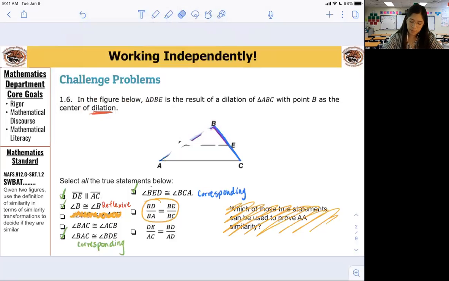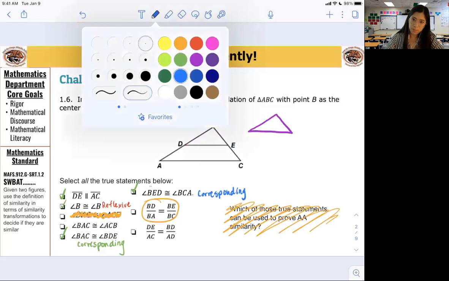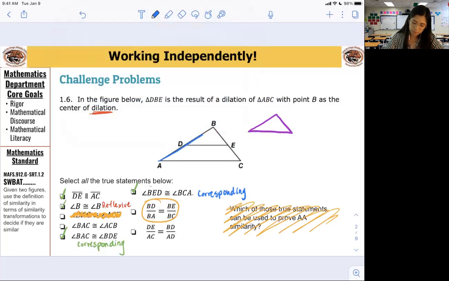Let me do something that might help. Small triangle. Big triangle. Small triangle and big triangle.